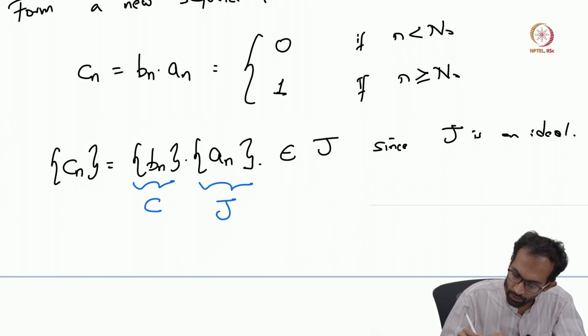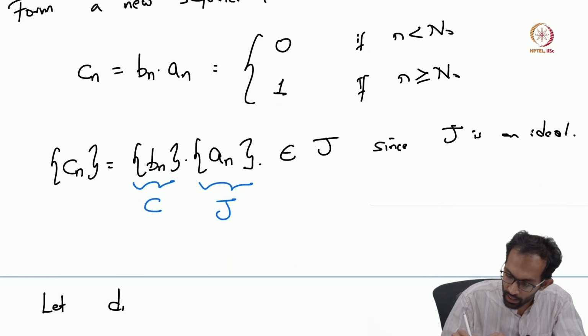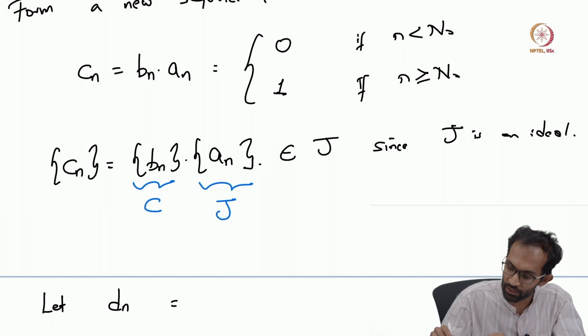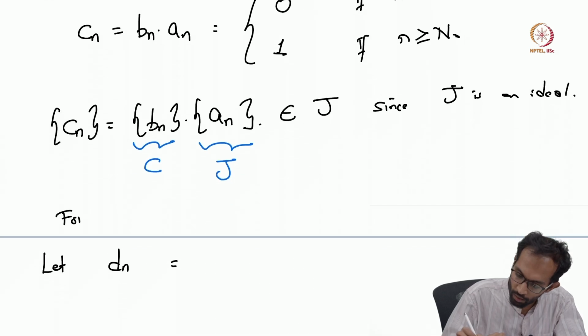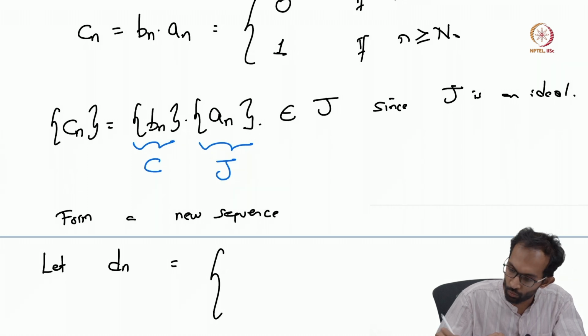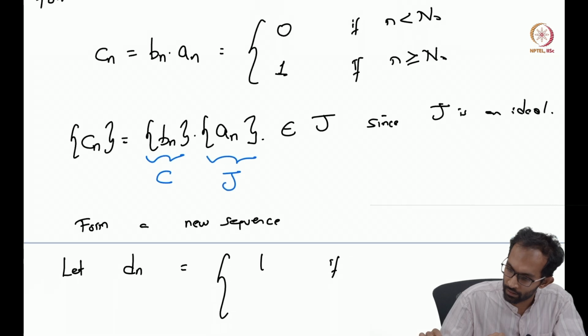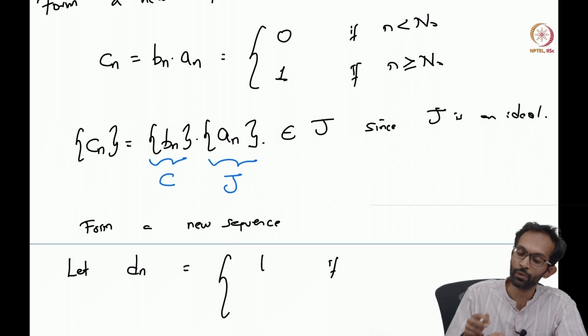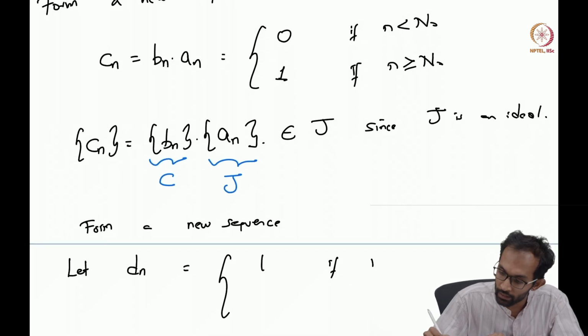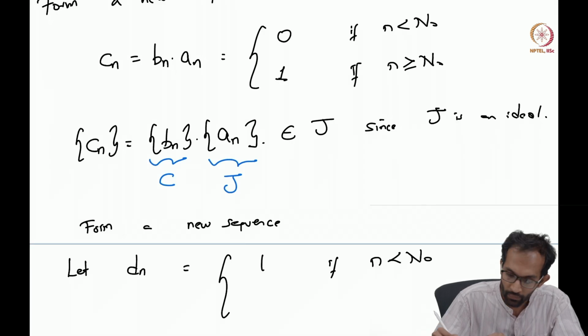And now form this new sequence, say d_n, which has the property that it's 1. So I'm just going to invert this property of c_n. So it's 1 if little n is less than n naught, and it's 0 if little n is larger than or equal to n naught.